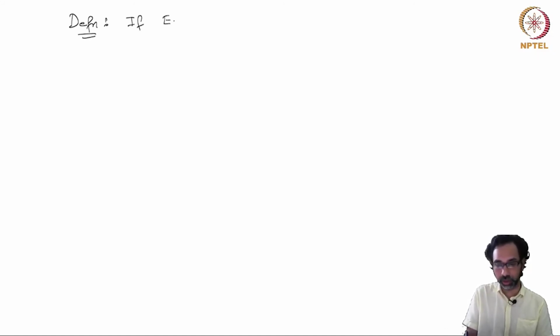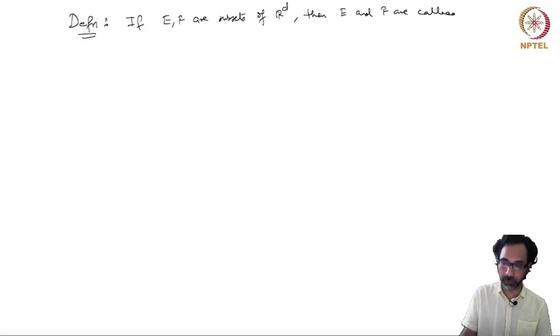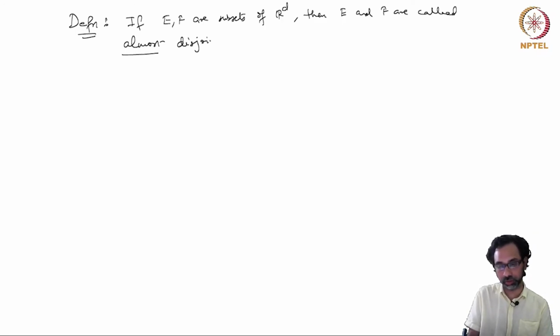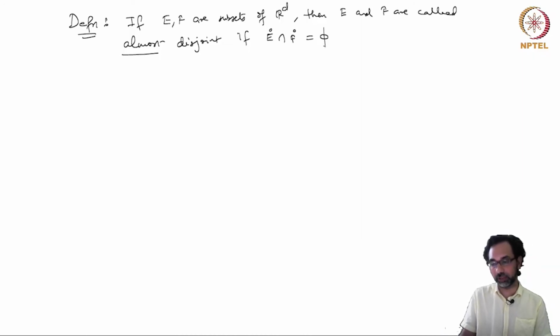If E and F are subsets of Rd, arbitrary subsets, then E and F are called almost disjoint if the interior of E is disjoint from the interior of F. Here E interior, I am using this notation, is the interior of E, and similarly for F.